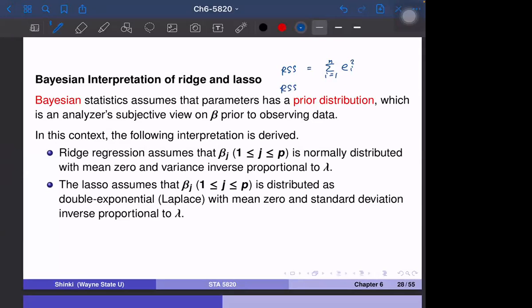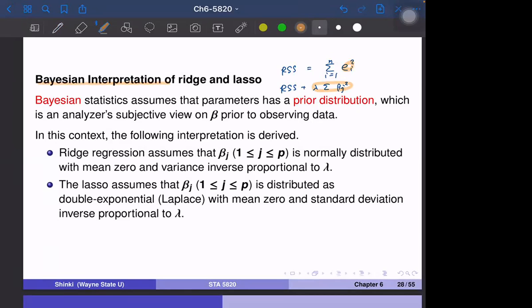Then ridge regression minimizes RSS plus lambda times the sum of beta j squared. Now we want to interpret this term as a random variable. We interpret epsilon i as a random variable, and now we interpret beta j also as a random variable. That is the Bayesian interpretation.